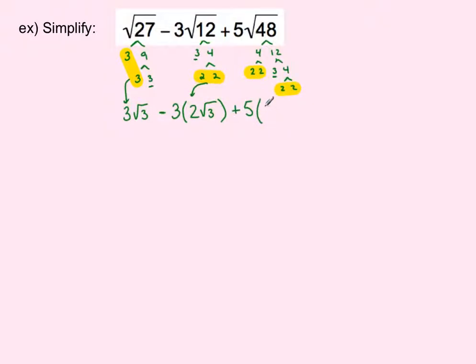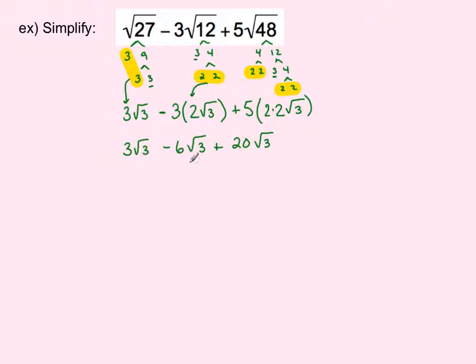What comes out is 2 times 2, what gets left inside is the 3. So I'm going to get rid of all my parentheses now. So I have 3 square root of 3 minus 6 square root of 3 plus 5 times 2 is 10, 10 times 2 is 20 square root of 3.